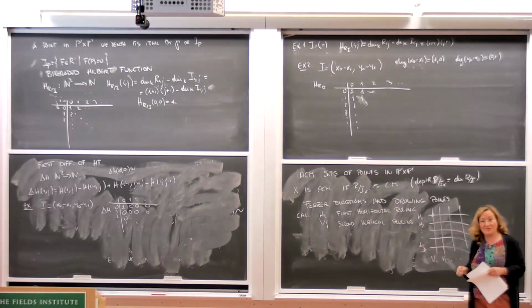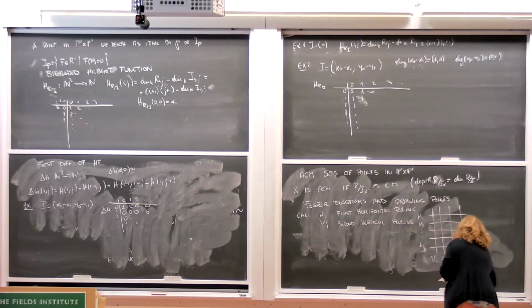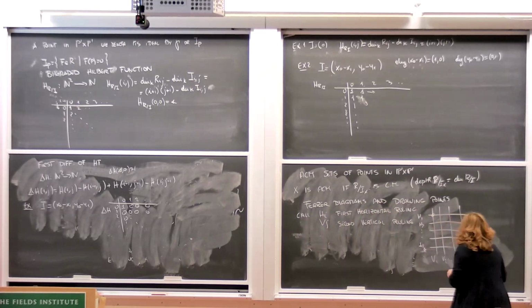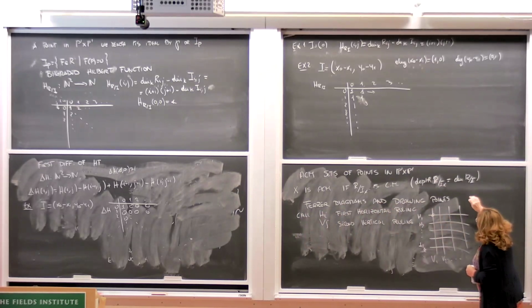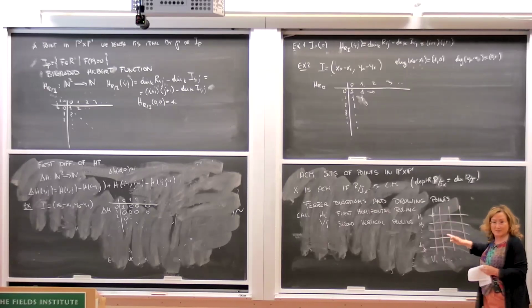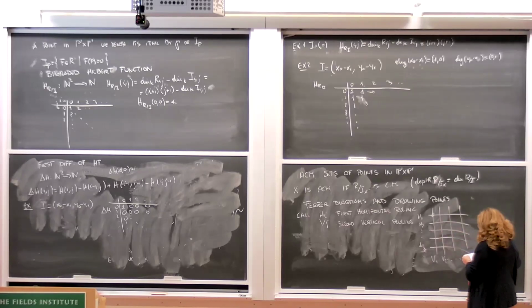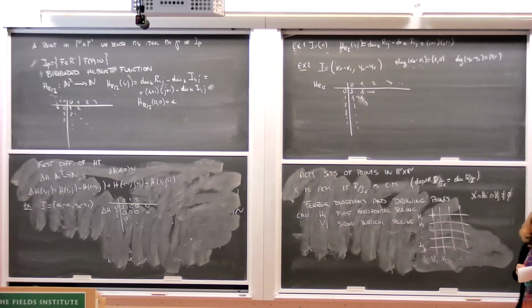A point is just the intersection of these two lines. So for a set of points, I consider the lattice that contains the set of points. So consider X: the intersection of Hi and Vj should be different from the empty set, okay?